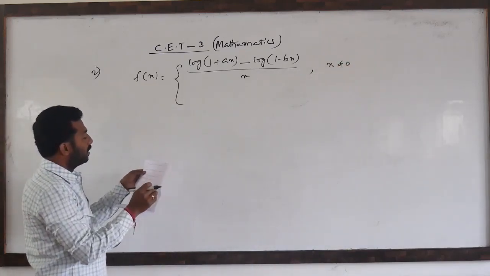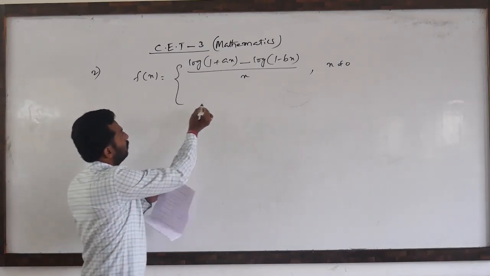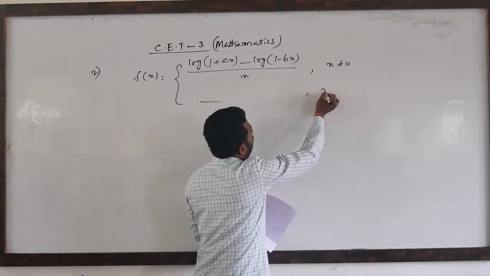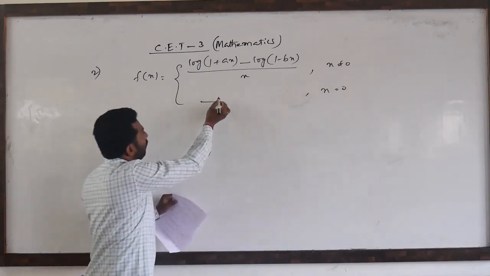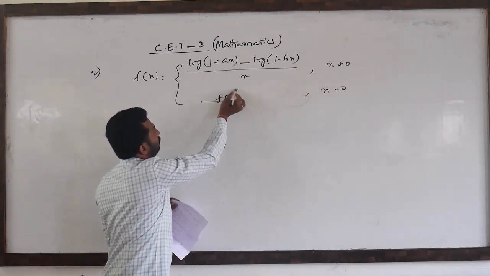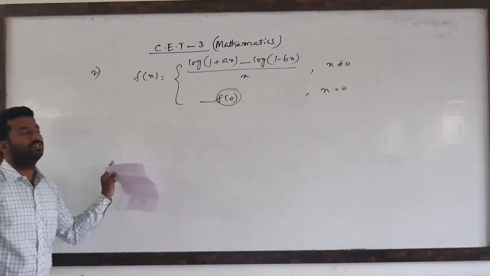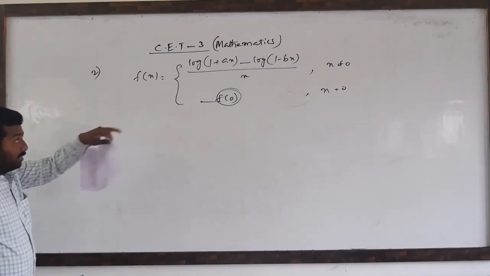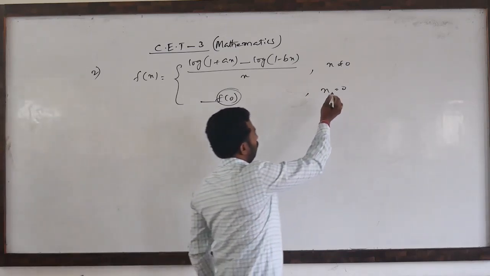So this function is continuous at x equal to 0. Then what is f of 0? They are asking the question, f of 0.